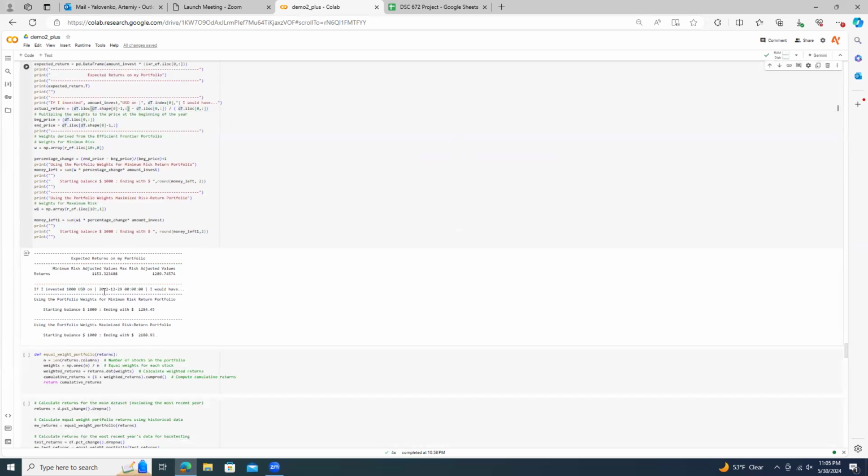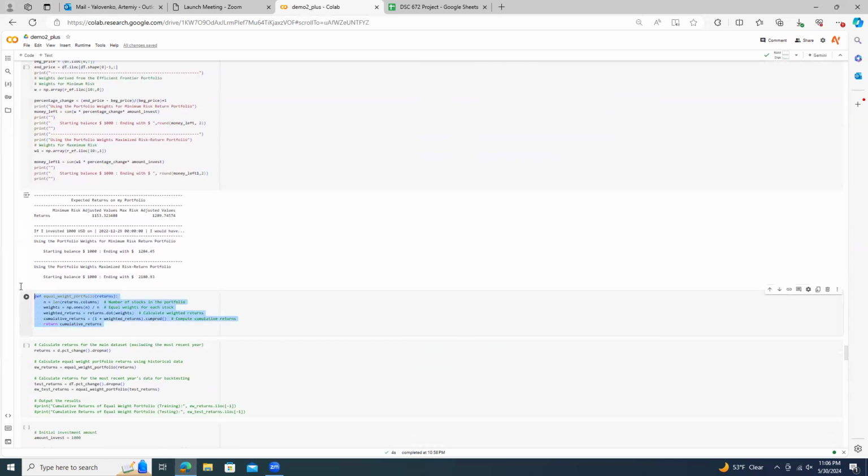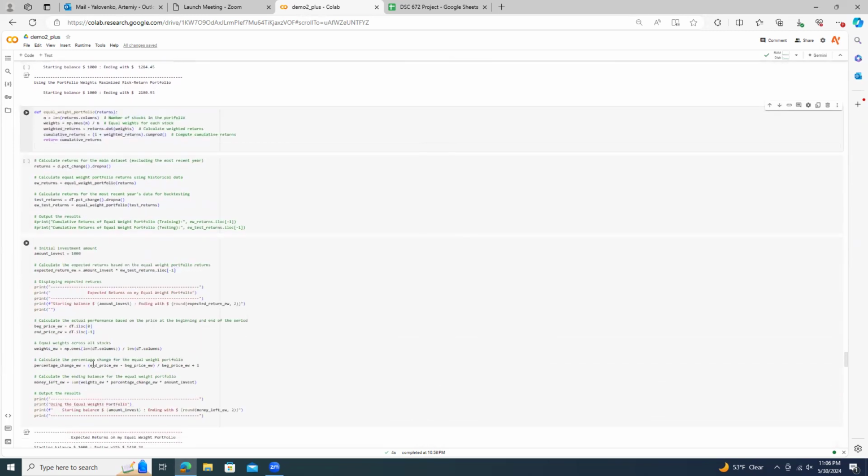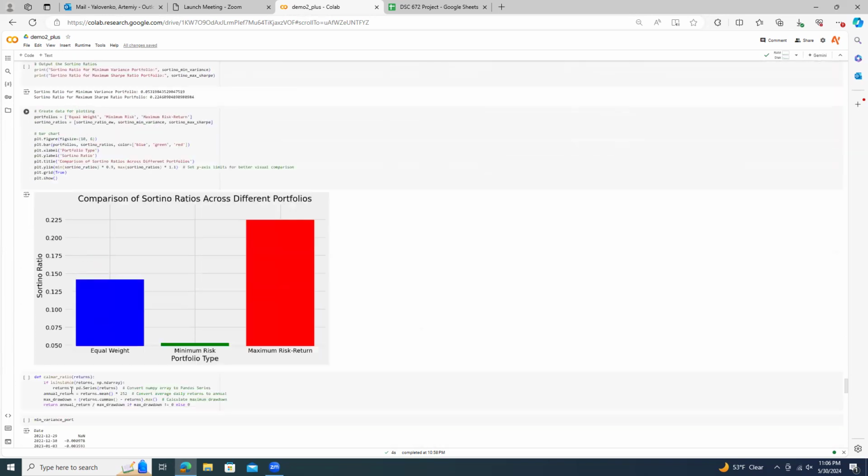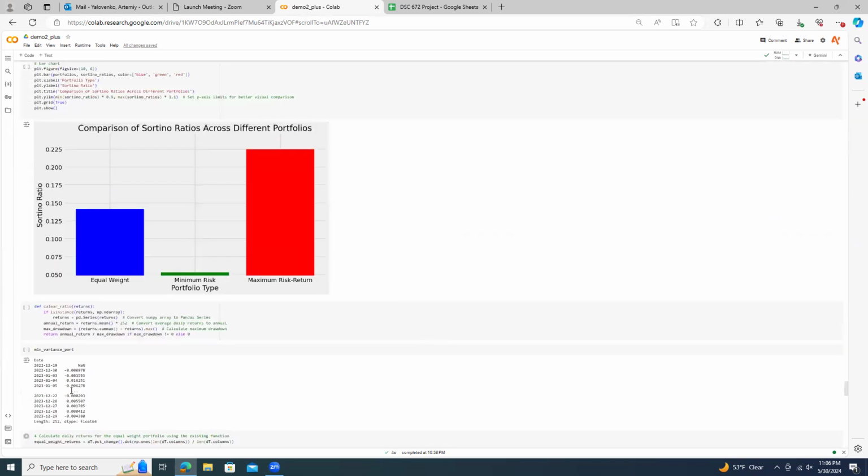So as you can see, by using the minimum risk adjusted return portfolio from our simulated efficient frontier, with $12,000 invested, we would make $285.45, and with the maximum risk portfolio, we would have made $21.80. And then we compare with the equal weight portfolio, which is one of our questions in the research, and this goes on for all of the calculations we're attempting to convey.